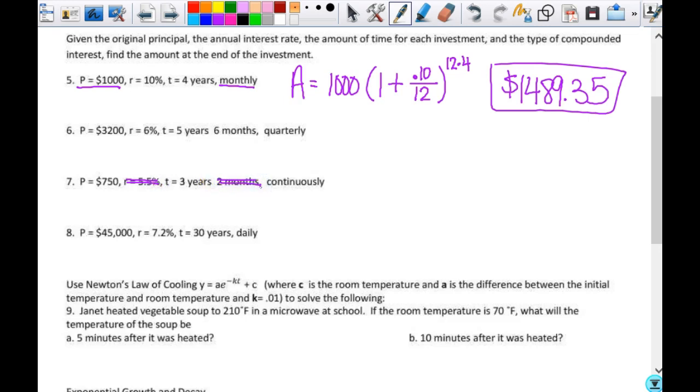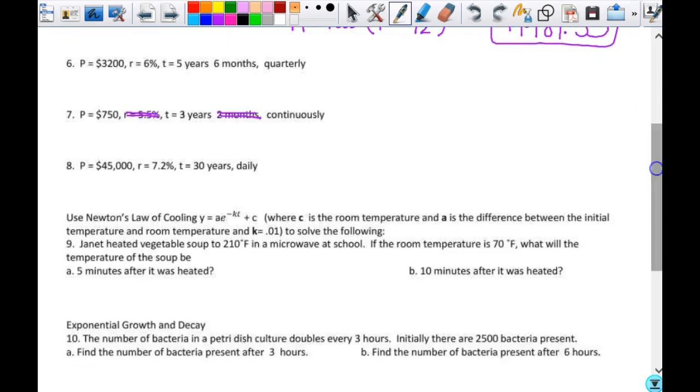So we know we have a principal of 750, a time of 3 years, it is continuous compounding, and we want to end up with a result of $1,000. And we want to know what the interest rate would be.